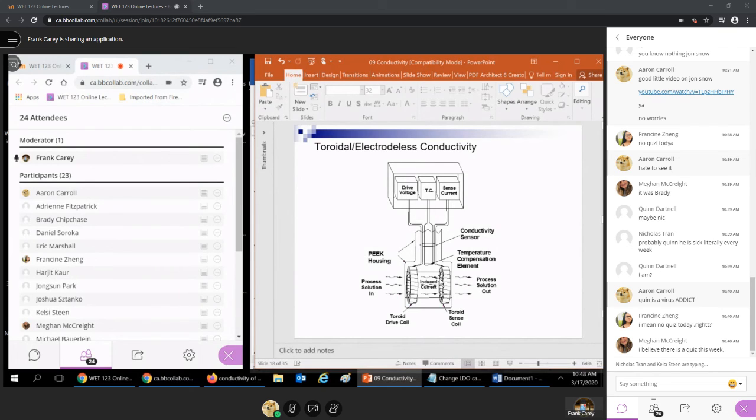You have 2 coils inside here that generate a magnetic field. And as a conductive fluid is passed through, a current is induced inside that conductor. Anytime a conductor passes an electromagnetic field, a current is induced inside that conductor, which happens to be water. So exactly the same principle as a mag meter.